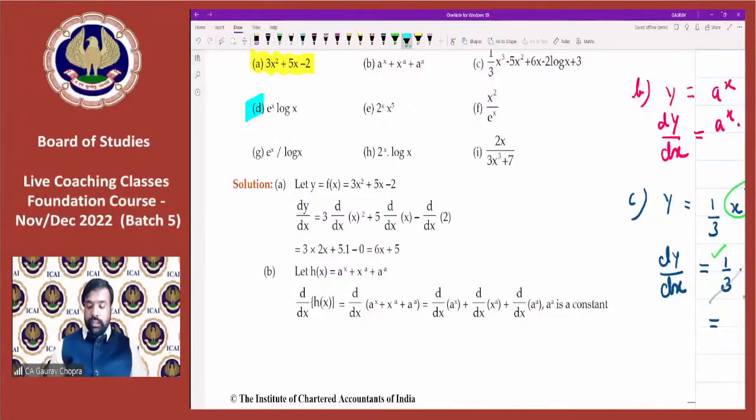So the first function becomes e to the power of x. The second function becomes log of x. So you can try and get the result.